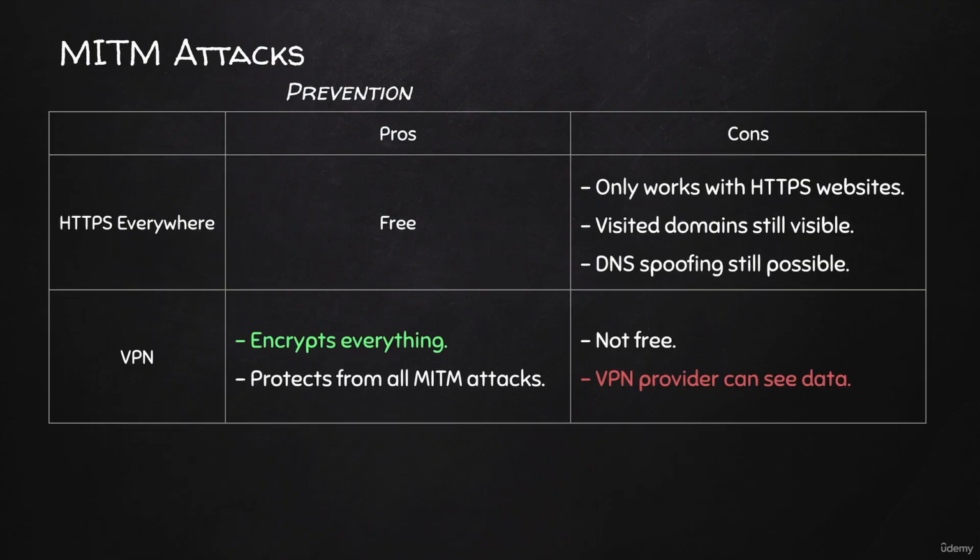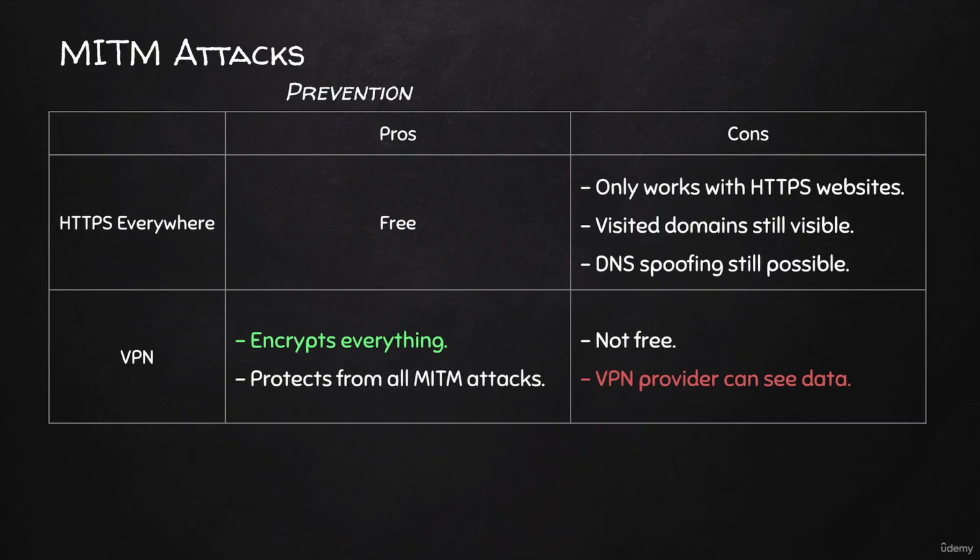Then we spoke about using a VPN, and with using a VPN, everything gets encrypted, so that's even better. None of the attacks that we talked about and that we covered in this course will work, because everything gets encrypted. The only problem is it's not free. There are free services, but like I said, they're not great, so you shouldn't use them. Just don't use a VPN if you don't want to pay for it.